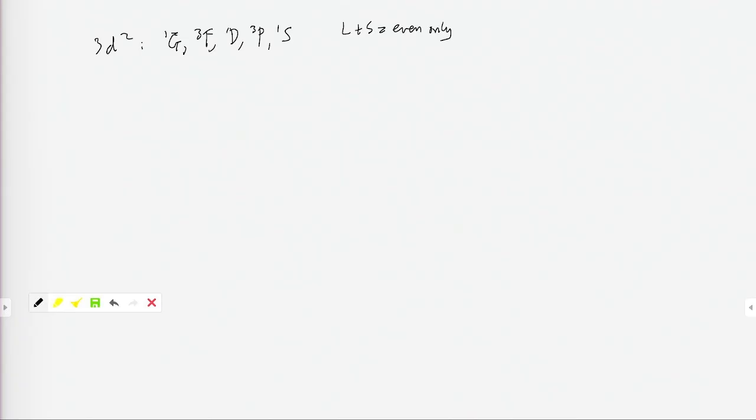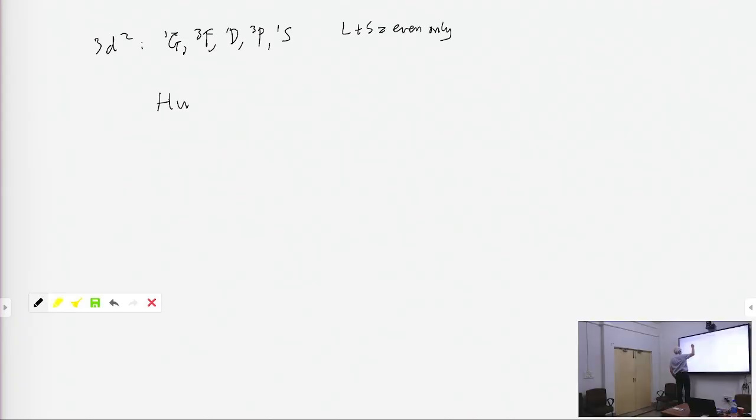Well, some of you may have met Hund's rules. The simplest one is maximize spin. So you'd expect the triplet states all to lie below the singlet states.